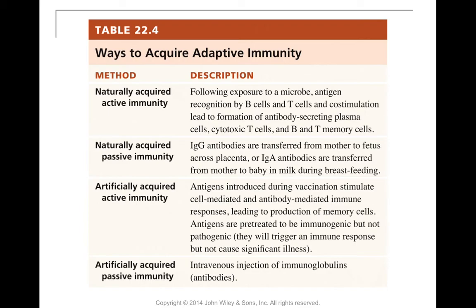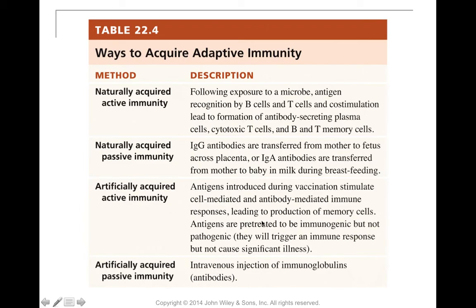But most of the vaccinations that you've gotten in your lifetime are going to basically happen when we have given either a weakened version of the virus, or generally at this point it's not even a full virus, it's just parts of that virus that are going to be introduced to the body in the form of an antigen. And that's going to stimulate that cell-mediated and antibody-mediated immune response without ever actually seeing that virus, which produces memory cells so that if you do see the virus in the future, you can bypass all of the early stages and go directly to attacking that foreign body.